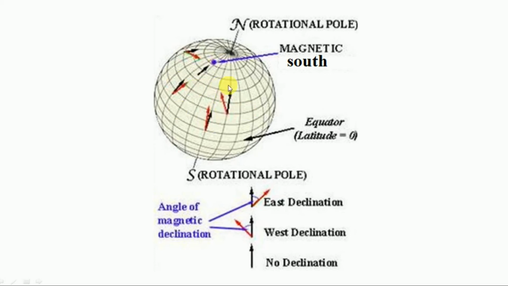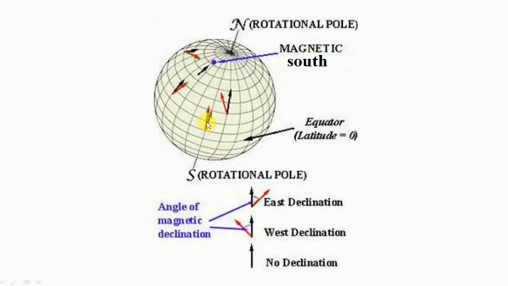So if you consider this point, the black line is the magnetic meridian, which is passing through the geographical north and geographical south, and this red line is the magnetic compass. So the line along the magnetic compass is the magnetic meridian. So this angle is the angle of declination.